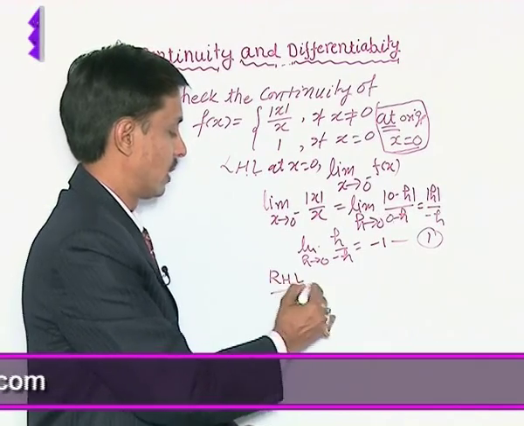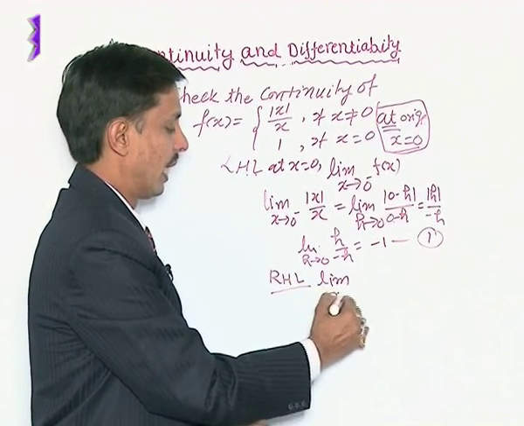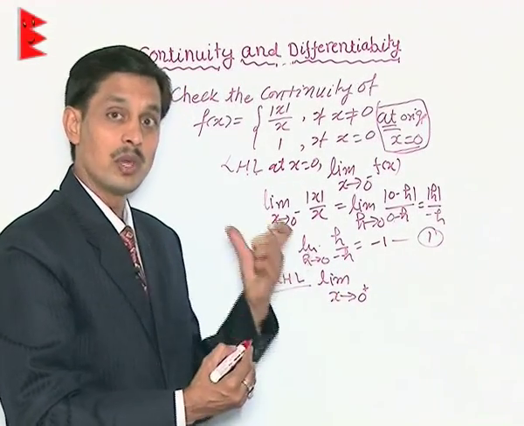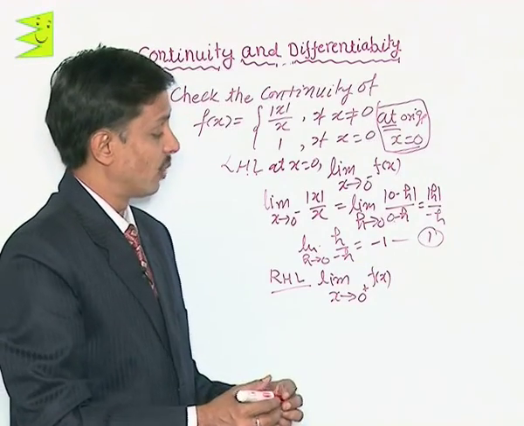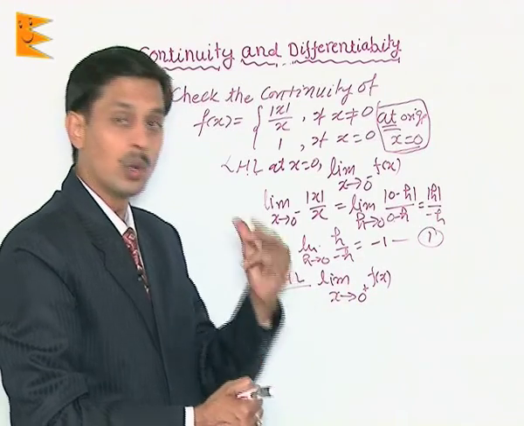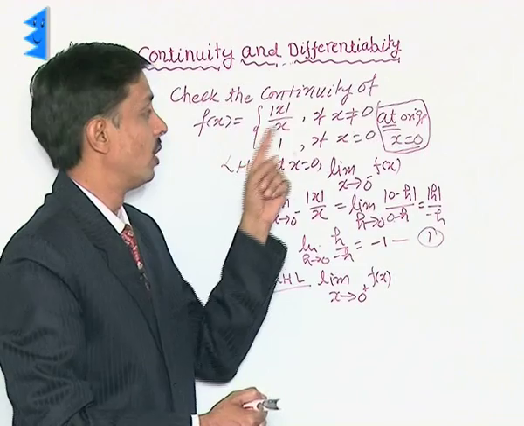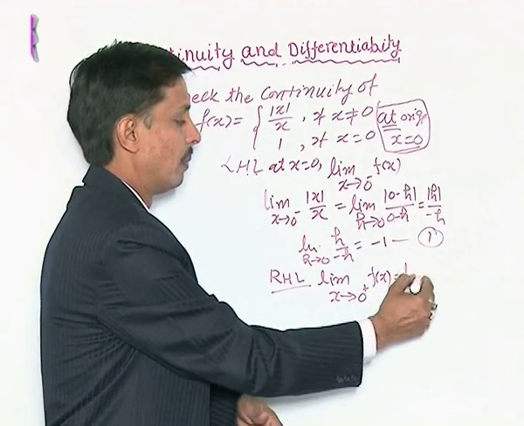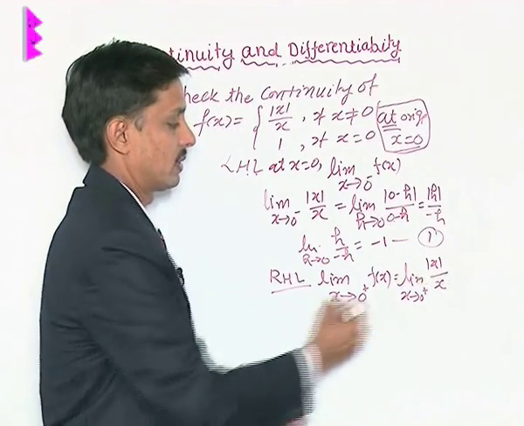If we go to calculate the RHL, that is the right hand limit, the procedure is limit x tending to the same point 0, but we will write positive because we are obtaining the right hand limit f(x). Now we need to check which part of the function is required to take, because x is not 0, it is more than 0, and the function is |x|/x. So this will be limit x tending to 0 positive |x|/x.